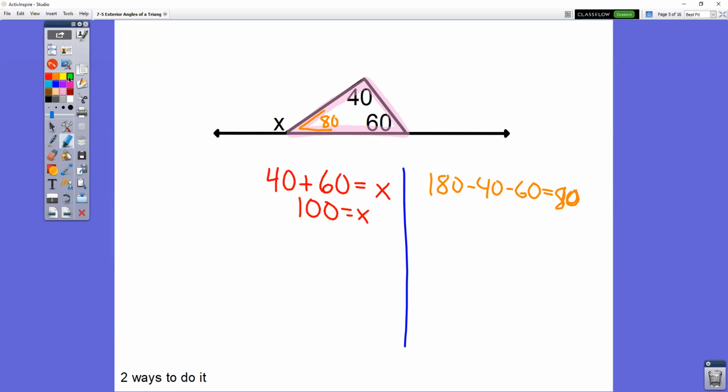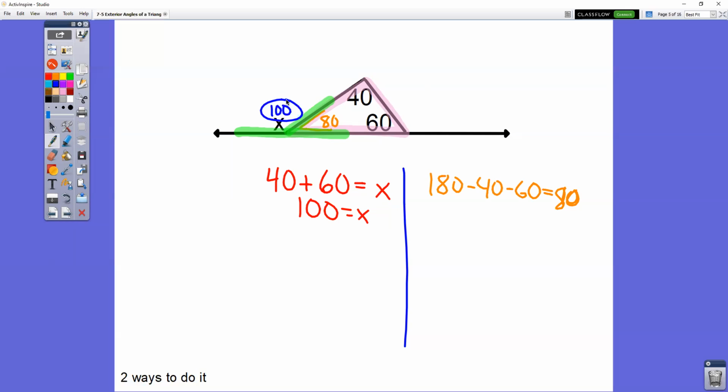Well, now that I know that angle, now I have supplementary angles right here in the green. Supplementary angles add up to 180 degrees. So if this angle is 80, this angle has to be 100. So you can use a combination sometimes of the three angles of a triangle and supplementary angles to find your missing angles.